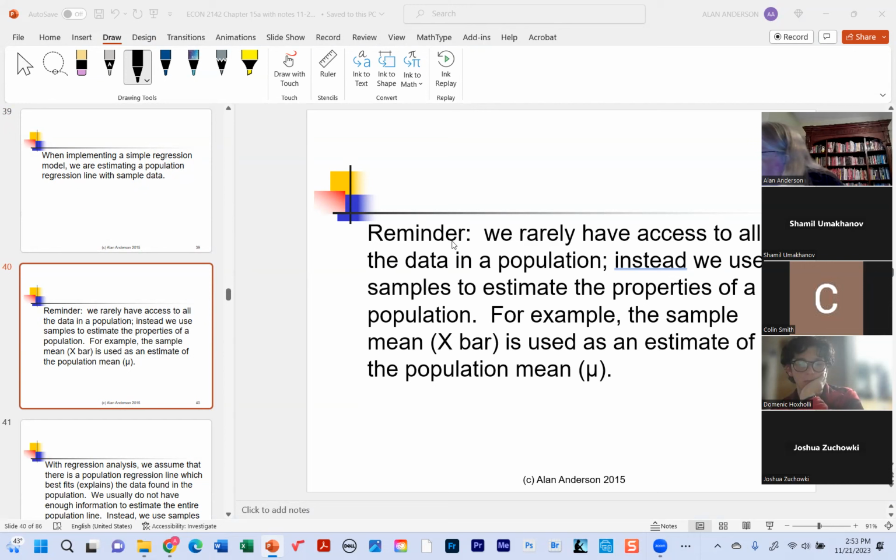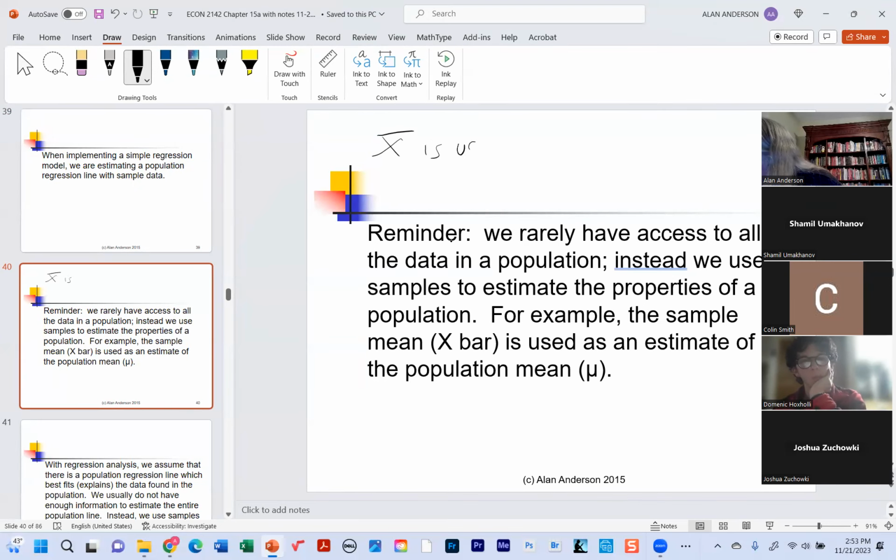The classic example being that X bar is used to estimate the population mean mu. So the same thing is happening here.